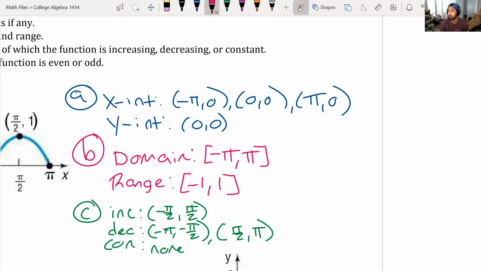And the reason they're in parentheses is because they're not domain and range. They're not stating where the function exists. They're stating where you increase and decrease. Domain and range get brackets or parentheses because it's stating where the function lives. Increase or decrease should always get parentheses because it's just where's the function increasing, where's it decreasing.